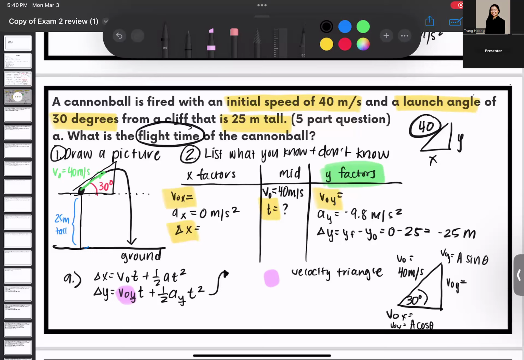And here, A is just going to be our long side, 40 sine and our angle. So that's our value. And here it's going to be 40 cosine 30. So we have those values. They're just kind of hidden. I'm going to add this to our graph. I'm not going to plug it in, but you can if you'd like to.